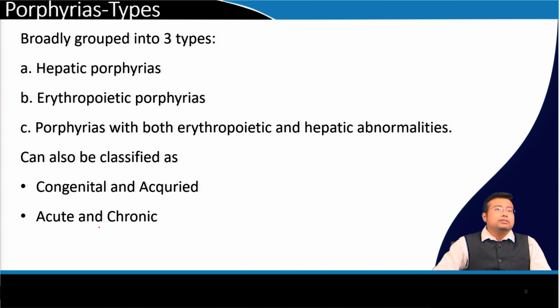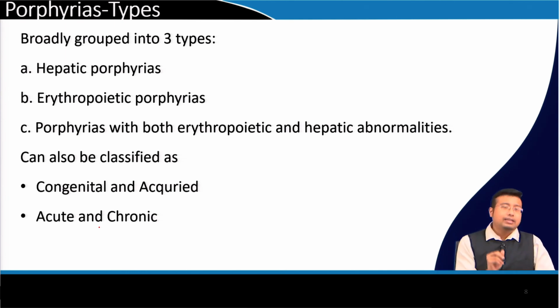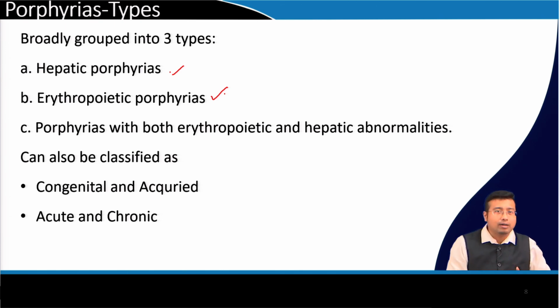So, can we classify the porphyrias? Yes, depending on the symptoms, depending on the metabolic pattern, they can be classified, right. They can be broadly divided into hepatic porphyrias, erythropoietic porphyrias, and a mixed variety, basically some porphyria which has both erythropoietic and hepatic abnormality.